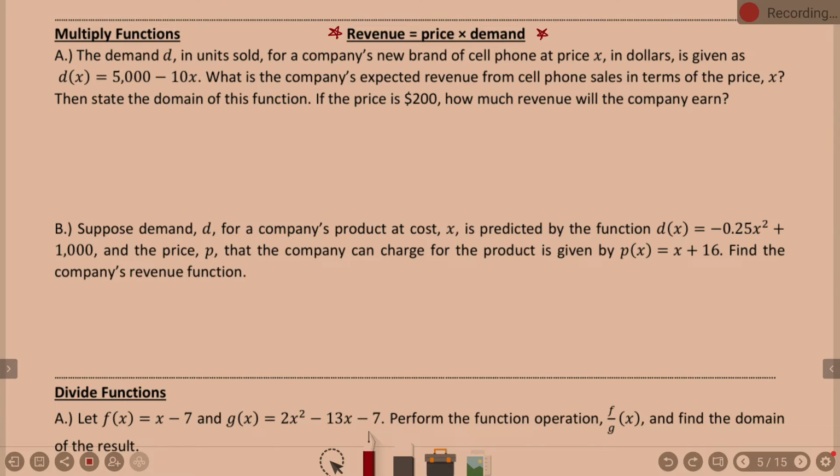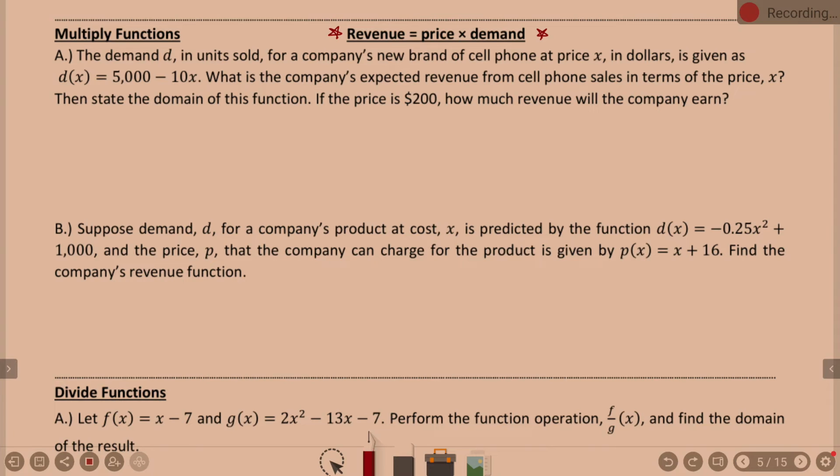And let's look at example A. The demand D in units sold for a company's new brand of a cell phone at price X in dollars is given as D of X equals 5,000 minus 10X. What is the company's expected revenue from cell phone sales in terms of the price X? Then state the domain of the function.